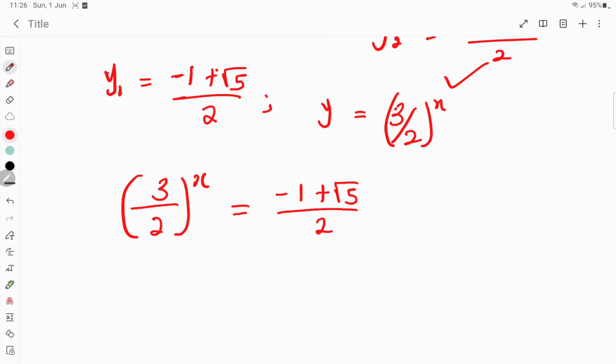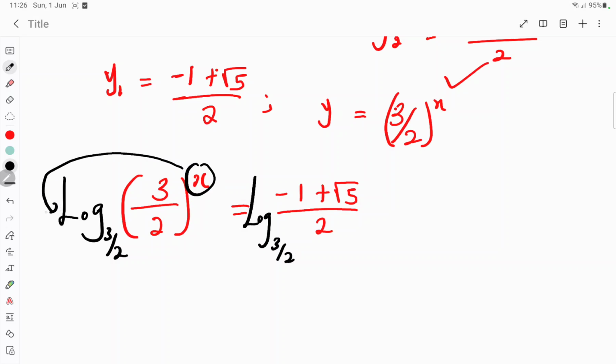So I take the log of the actual number in the term, which is log base 3 over 2. So if I take log base 3 over 2 on both sides, from the laws of logarithm, x will now multiply the log, where log a of x power n is the same thing as n log x base a.